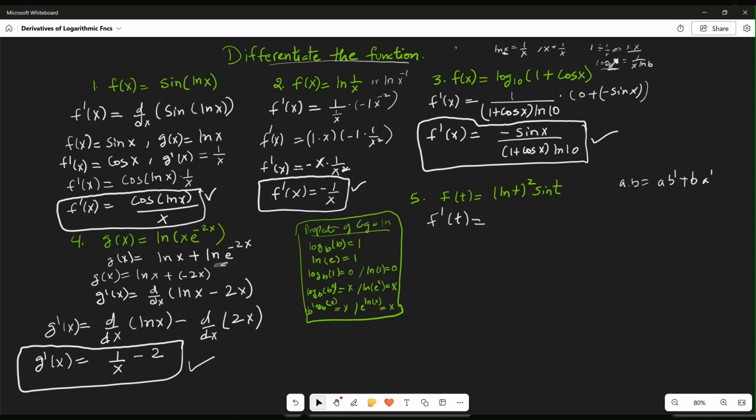We have natural log t squared times the derivative of b, which is sine t, plus b times the derivative of a, natural log t squared.